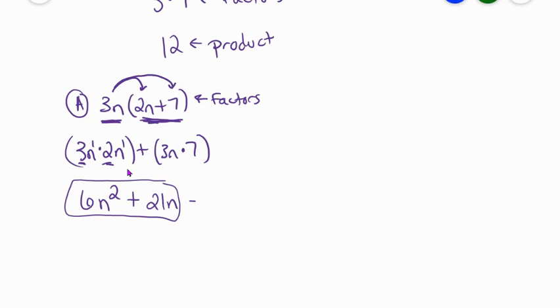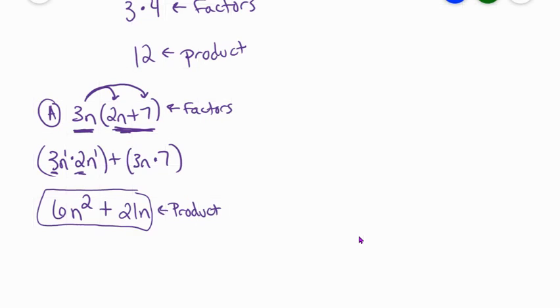But this is now the product. So there's that difference between the factors and the product. Now we're going to go the reverse order. If you started, say, with 12 and you were asked to factor 12, there are different ways that you can factor it.